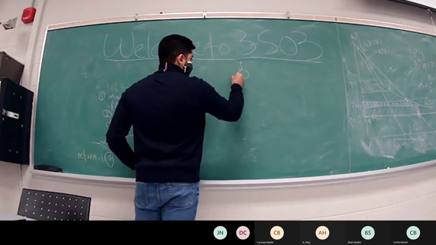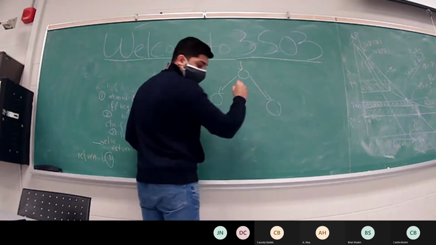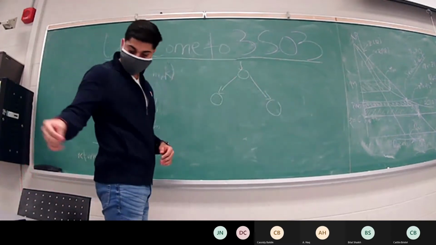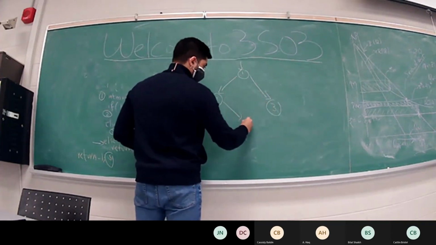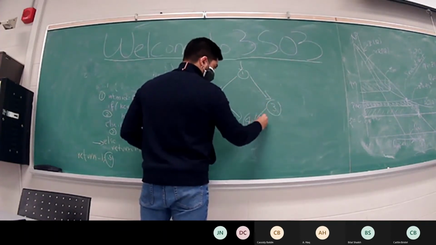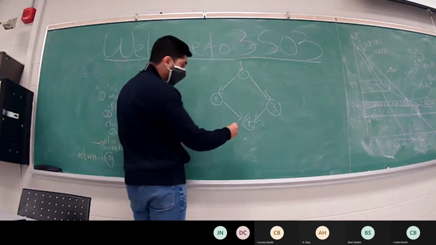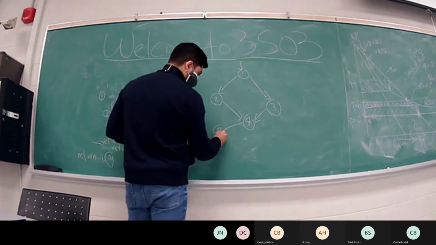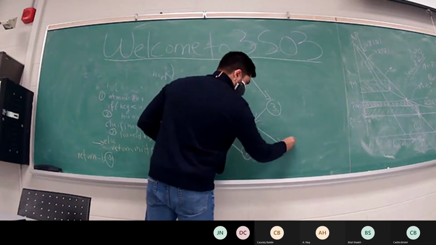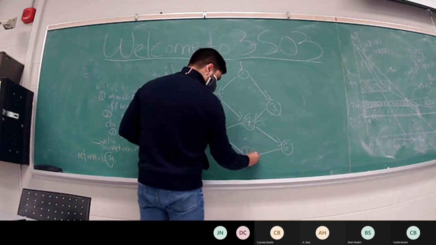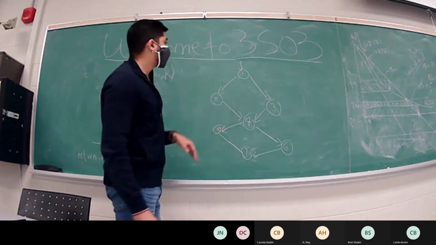We have this node here, and 1, 2, 3, 4, and we have 5, 6, 7. Okay, and then because we don't have the code, we only have the control flow graph. We probably want to indicate what the statement is at each node.